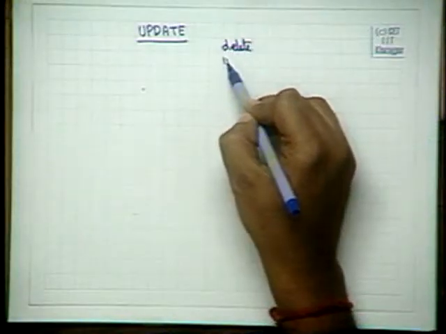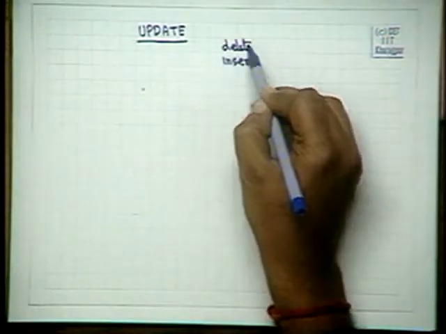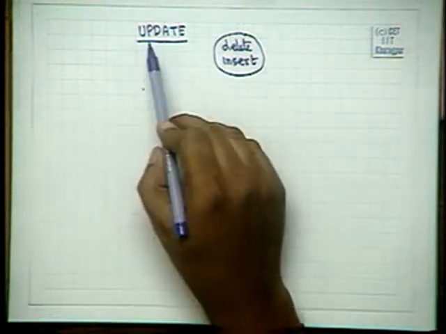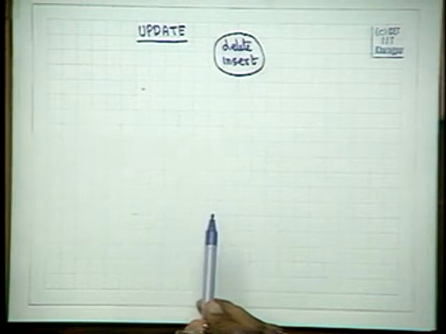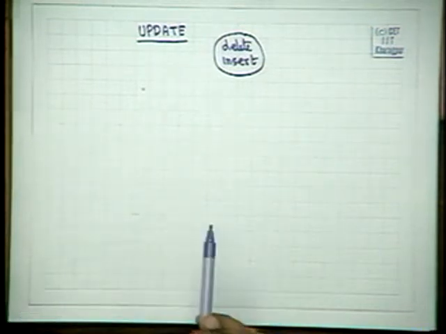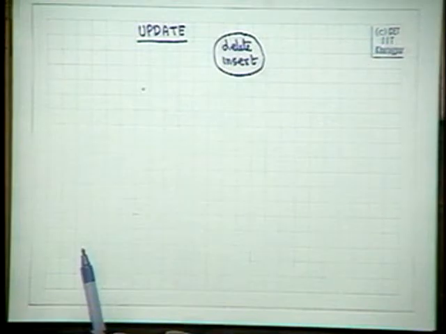Any update operation can always be achieved by first deleting and then inserting. So these two combined will give you the update operation. You want to change some value. You delete that tuple and you rewrite that tuple with that value different. So you delete and insert, you will get an updation.